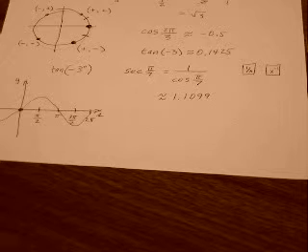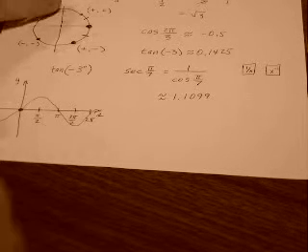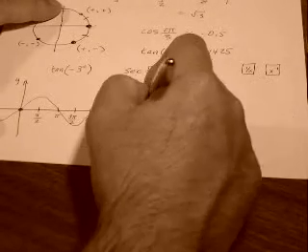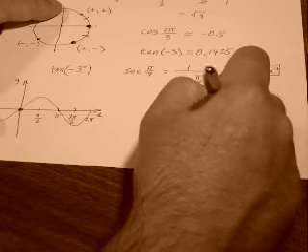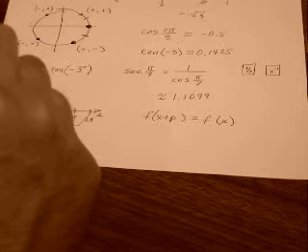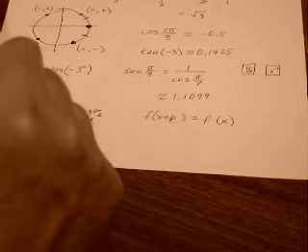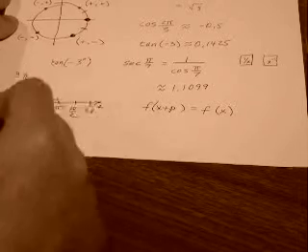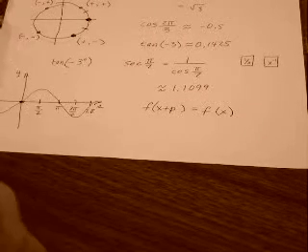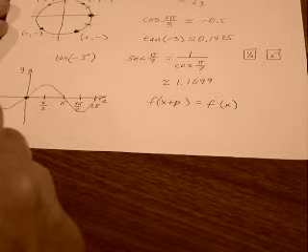Now, a function is periodic if there is a positive constant p such that f of x plus p is equal to f of x for all x in the domain of the function f. And the smallest positive number p is called the period of the function. So the period of this function is 2 pi units. Every 2 pi units, basically it repeats.